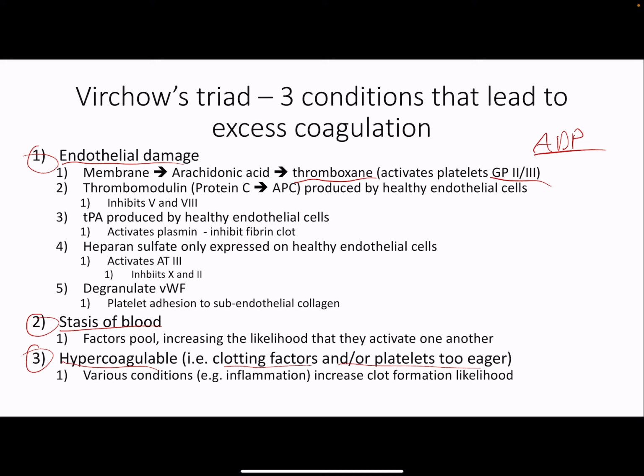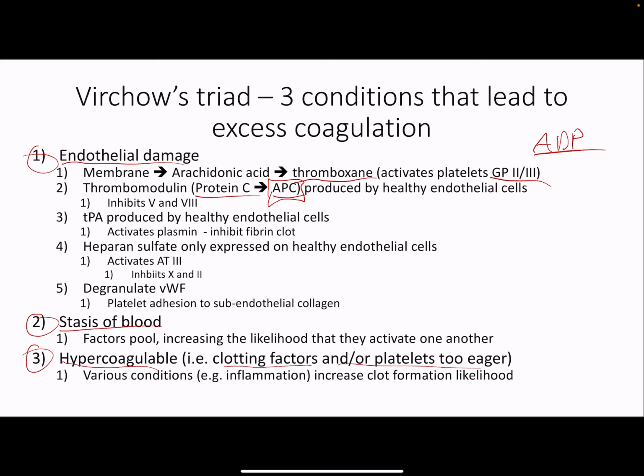Then thrombomodulin is necessary to activate protein C into active protein C. This is only generated by healthy endothelial cells. So APC's job is to prevent clotting, but if you have damage, then you don't have this, which means you might have clotting. tPA is going to activate plasmin to break down clots, but this is only active in healthy endothelial cells.